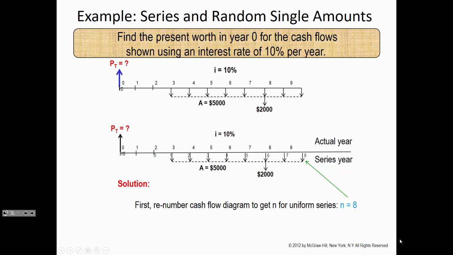And so we can't take this annual series all the way from where it is right now to year 0 in a single step. We have to do it in 2 steps. We have to first take the annual series to year 2, and then from year 2 to year 0, just because of the way that P/A works. P/A, remember those pre-existing formulas that are in the back of your book and the table lookup factors that correspond to them.